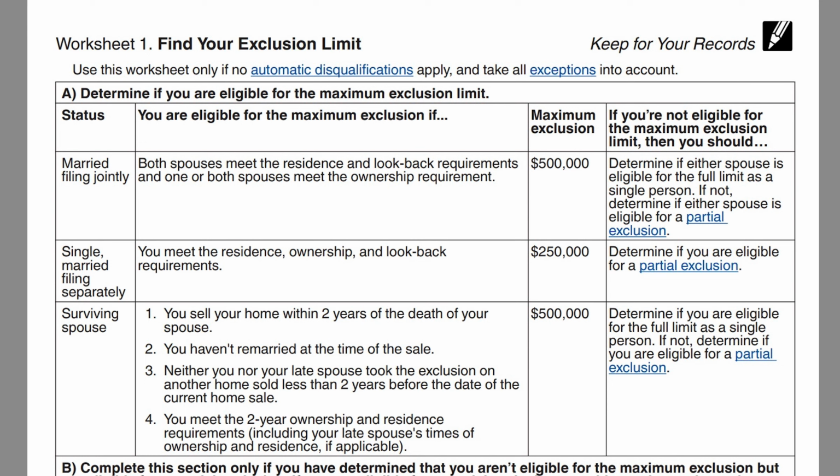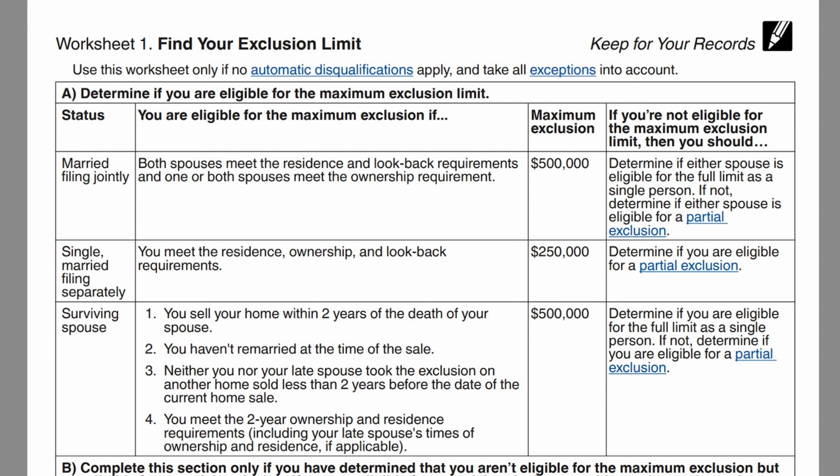That's for you to have owned the house, and then you have to have used the house as your primary residence, your principal location, again for 2 out of the previous 5 years. Now, there are certain situations in which a homeowner may extend that period of time longer.